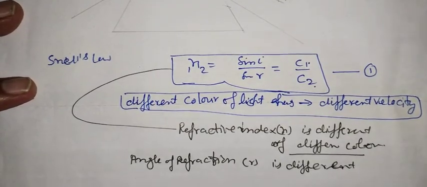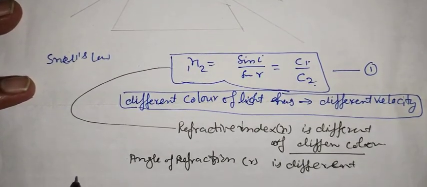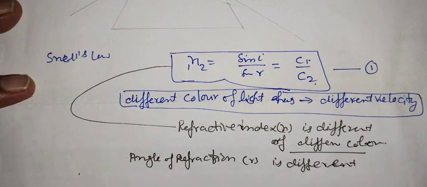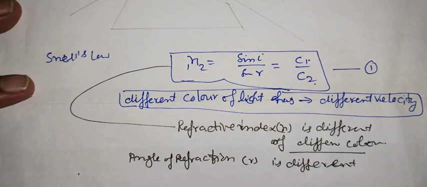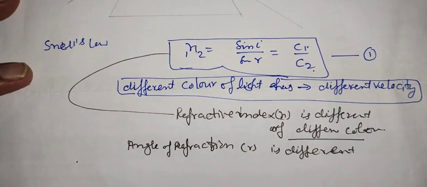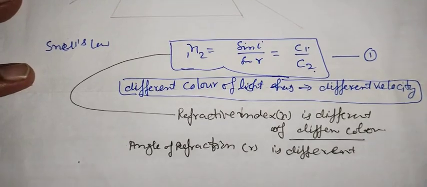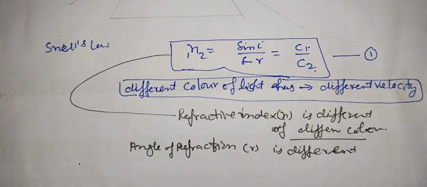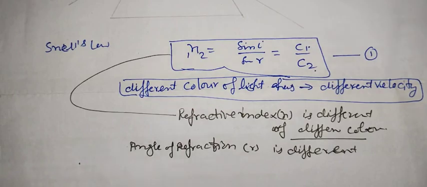Due to this reason, when white light passes through a prism, its colors get separated. This phenomenon is known as dispersion of light. First of all, see in the diagram, then we can see this.